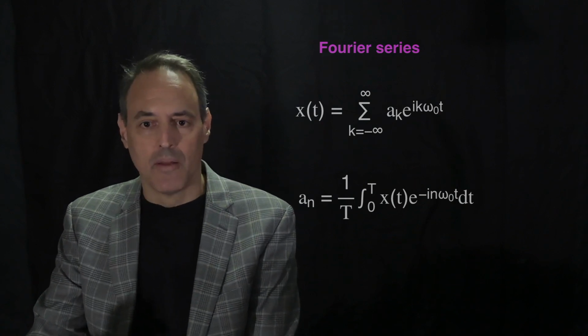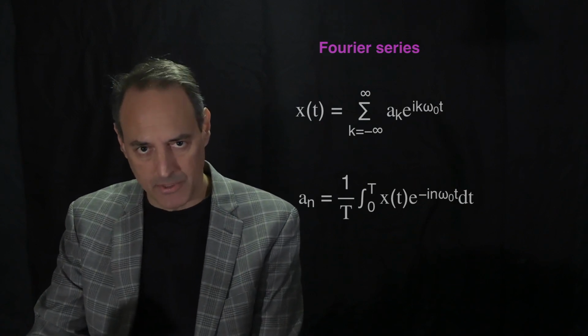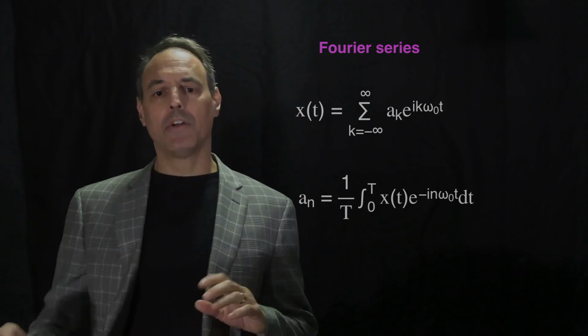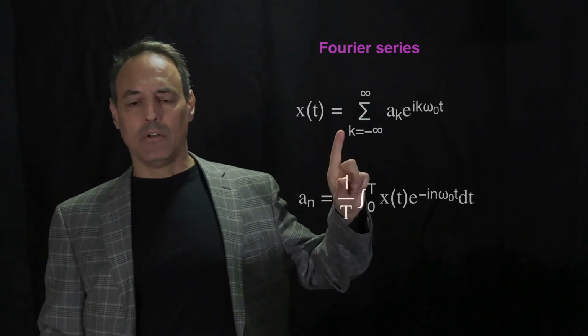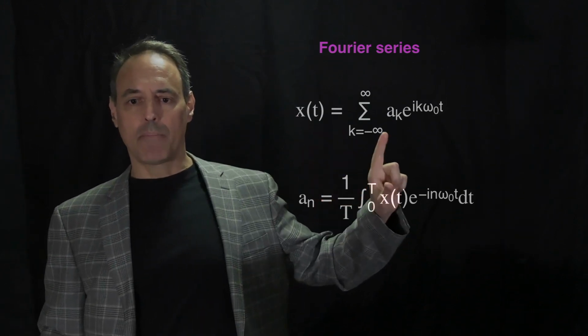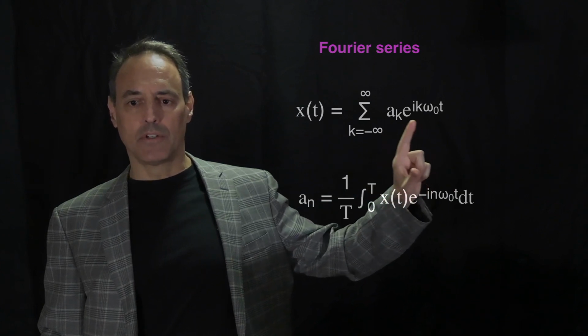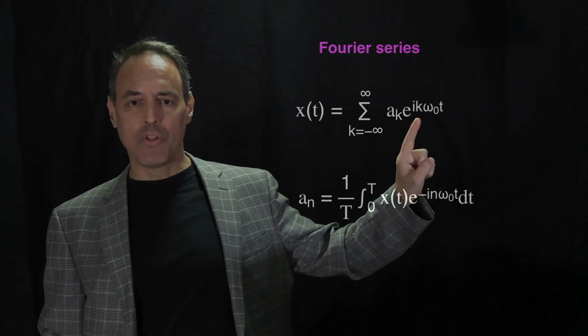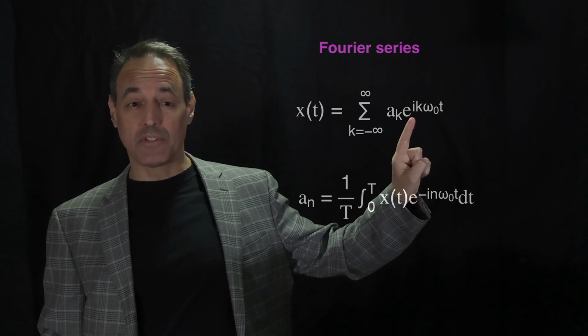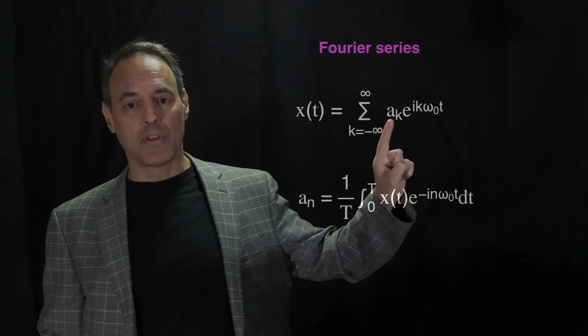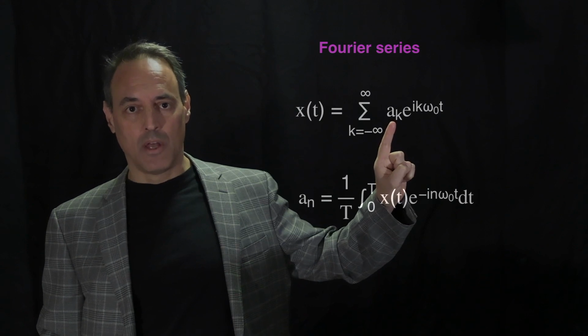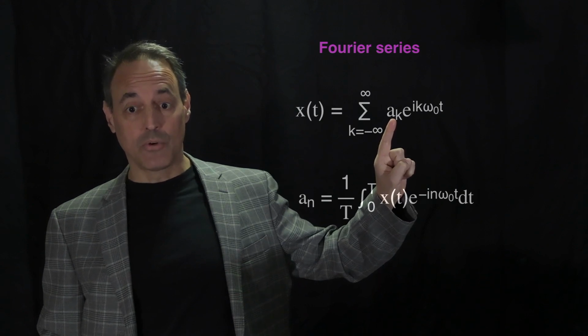Ultimately, here's our main result for this Fourier series representation. What it tells us is I can take any signal, here x of t, and I can represent it as a Fourier series, a of k e to the i k omega naught t. So here's the exponential representation. I know that these are eigenfunctions of an LTI system. I just have to determine the a of k when I make this transformation to this new coordinate system.